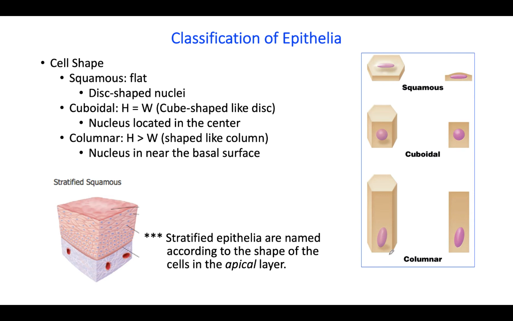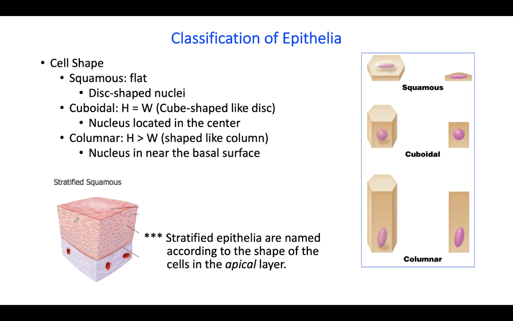When epithelium has several layers of epithelial cells, like this, it could be mixed, with the top portion being squamous epithelial cells and the lower portion being cuboidal epithelial cells. Then how can you name this tissue? Then you have to choose one kind of cell shape for the naming.